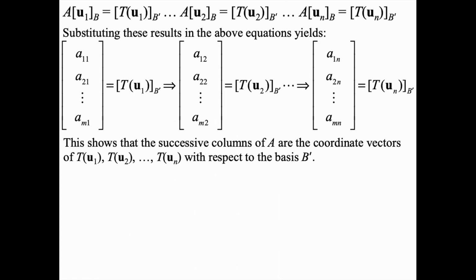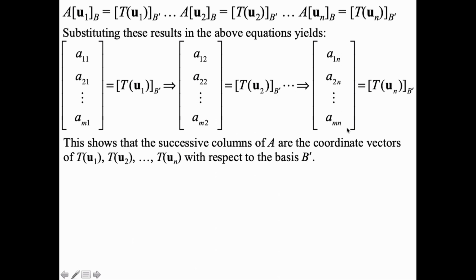What does that tell us? Well, if you substitute these results in the equations that we were investigating, all these transformations one at a time, you'll notice that the first column represents the coordinate vector for the transformation of u sub 1 relative to B prime. And the second column represents the coordinate vector for the transformation of vector u2 relative to B prime, so on and so forth.